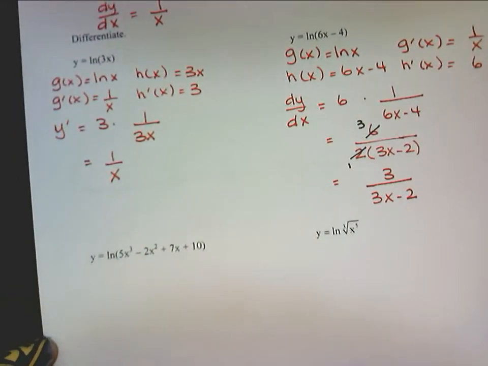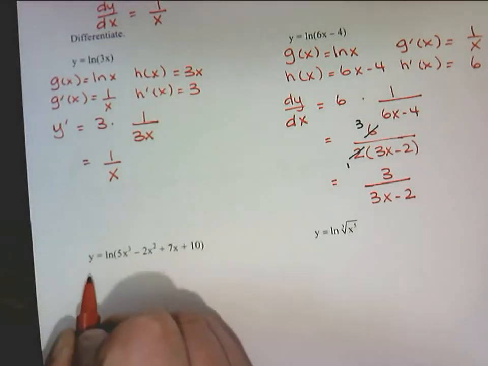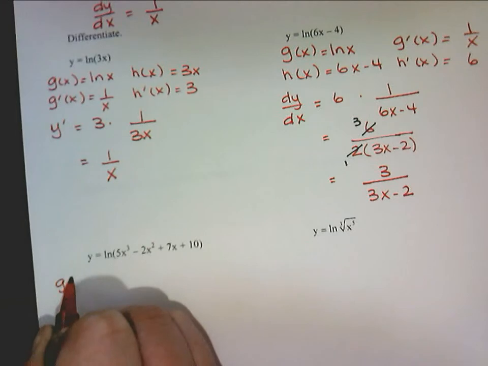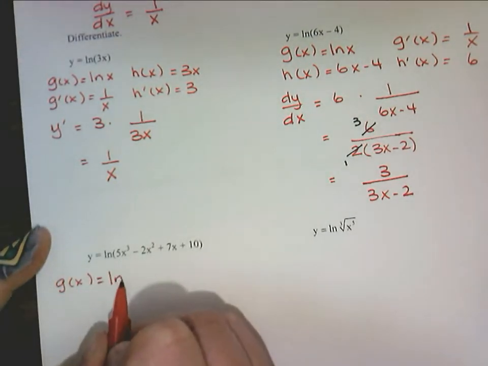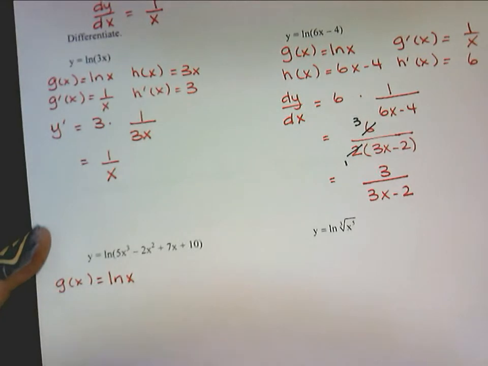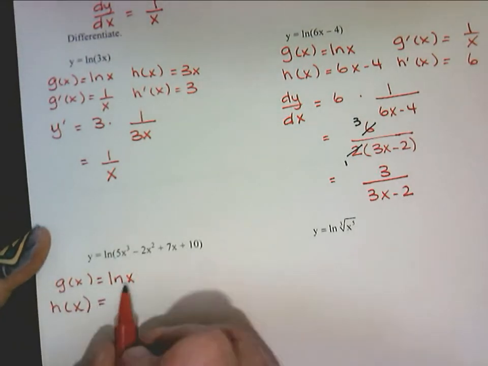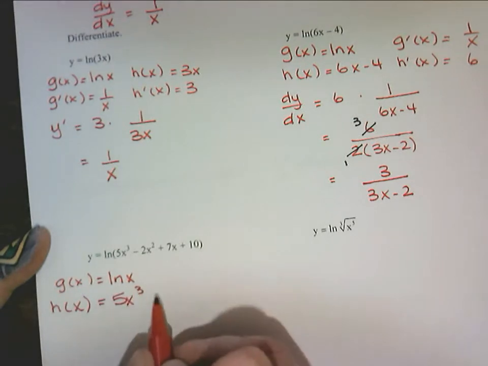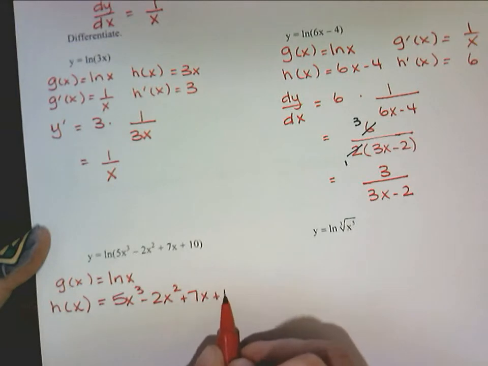Let's look at this one here with a nice long polynomial. So I want to say that g of x is equal to ln x, and I'm going to say that h of x is equal to the nice long polynomial 5x cubed minus 2x squared plus 7x plus 10.